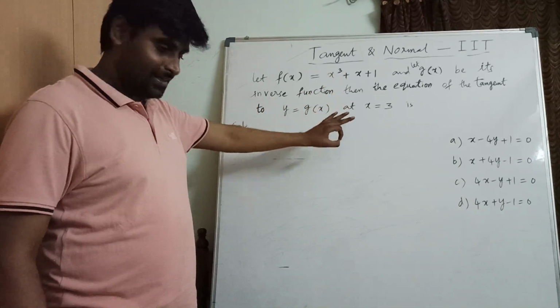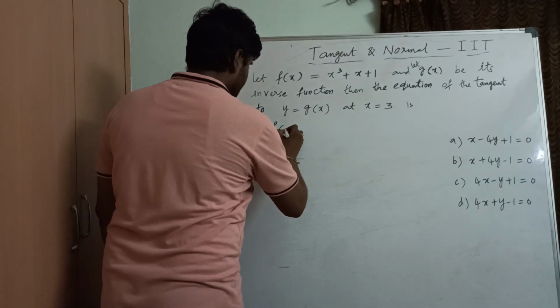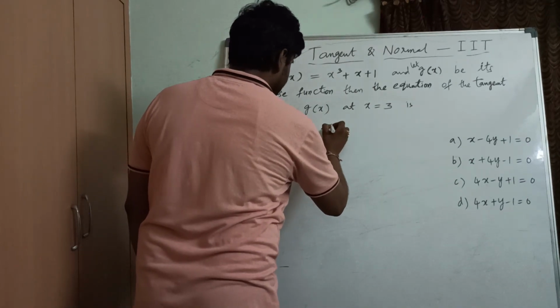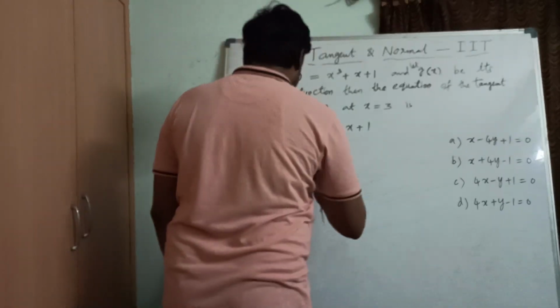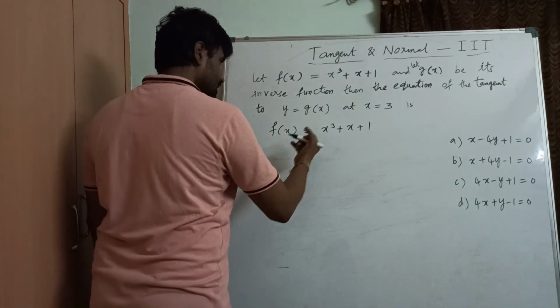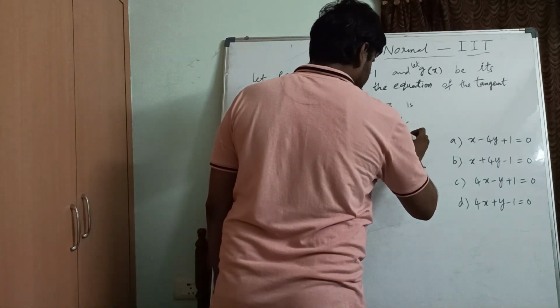but it will be difficult to solve that way, right? See here, f of x equals x cube plus x plus 1. So what is g of x here? f of x is x cube plus x plus 1, and what is f inverse of x? g of x, correct?